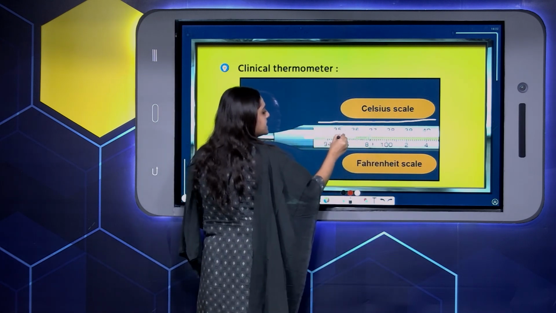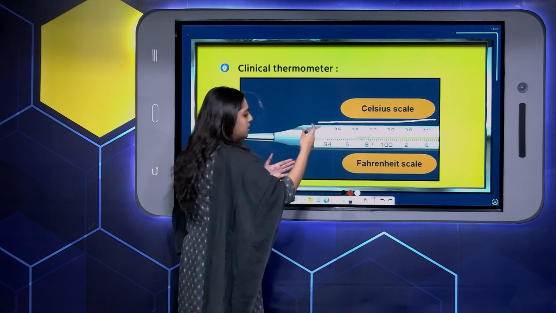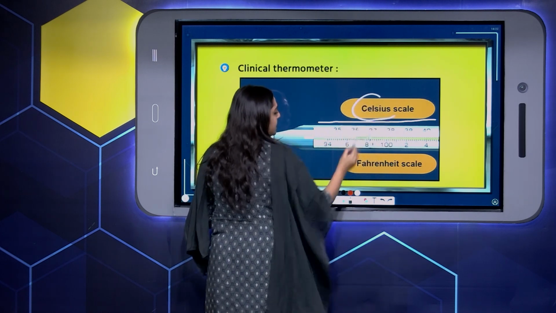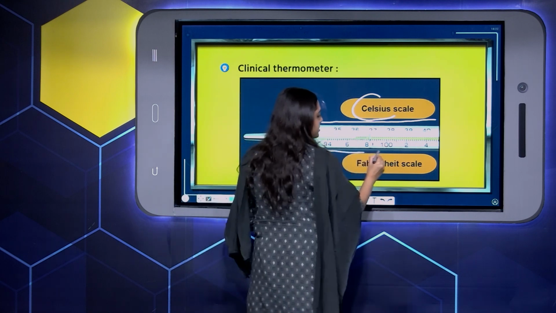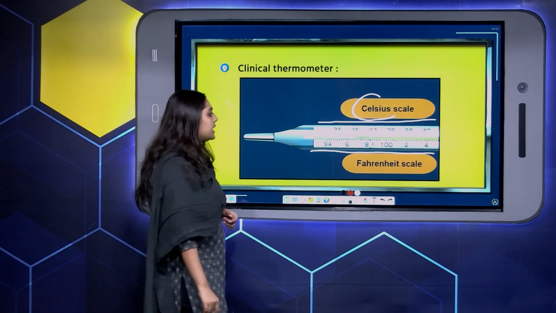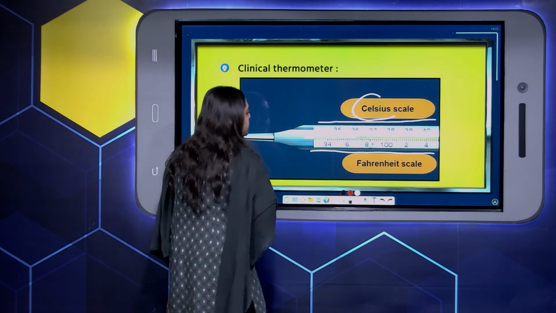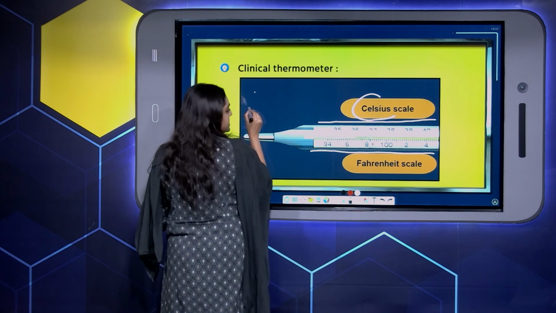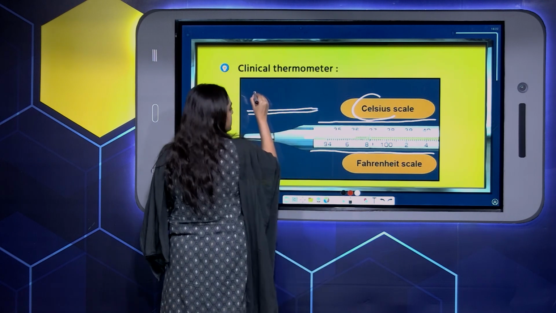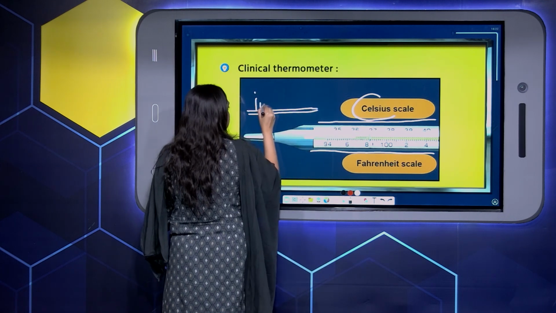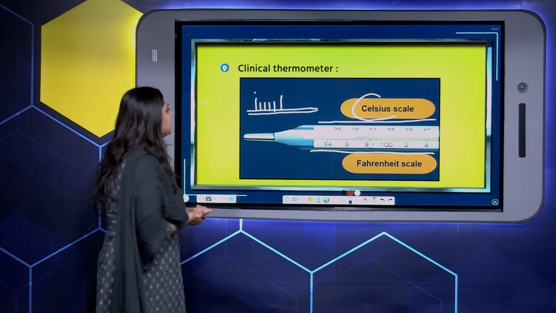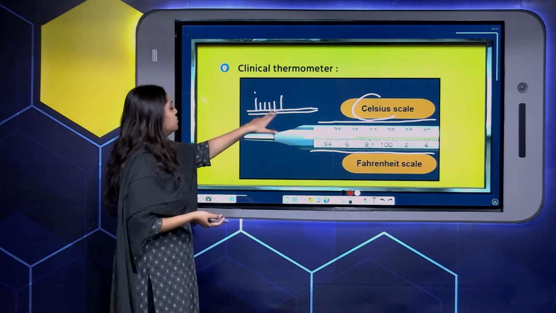So, these calibrations, however this is being done, are in Celsius scale, and the lower portion is in Fahrenheit scale, right? Now, I don't know if you can see this or not, but I'll just try to draw this. Suppose this is the capillary tube and you have mercury here, and suppose this is your drawing, right? This is how you measure the temperature.